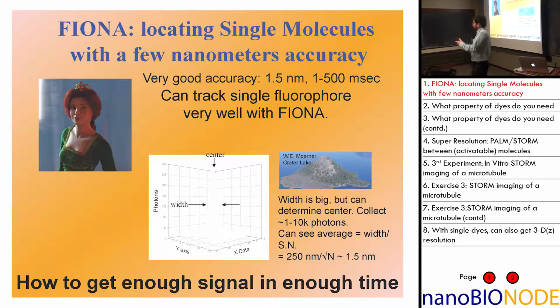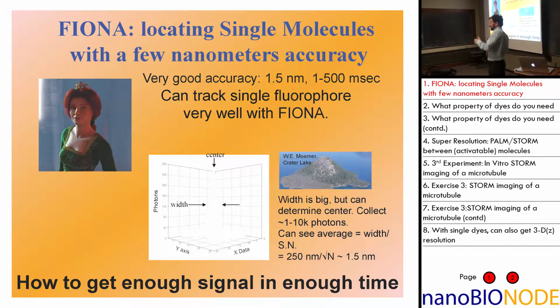So if you target an organelle or something like that, there's no problem. Even though it may be extended, certainly out to a micron, as long as that thing moves as a unit, you can actually locate it to within a few nanometers.